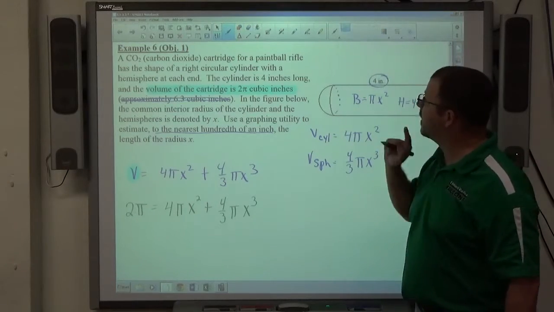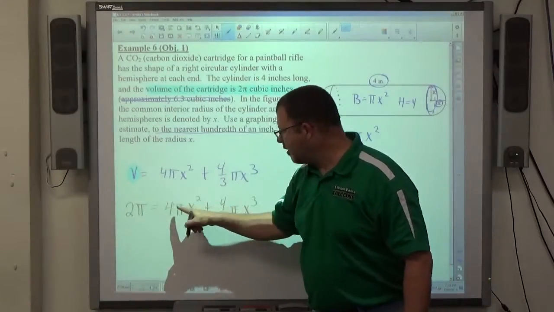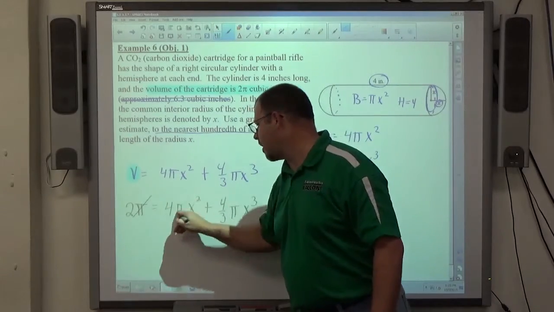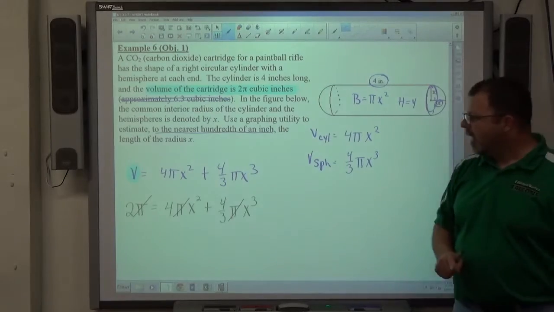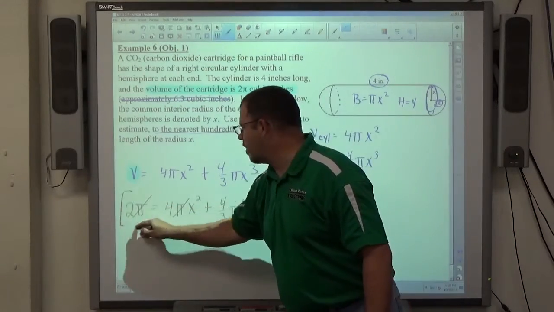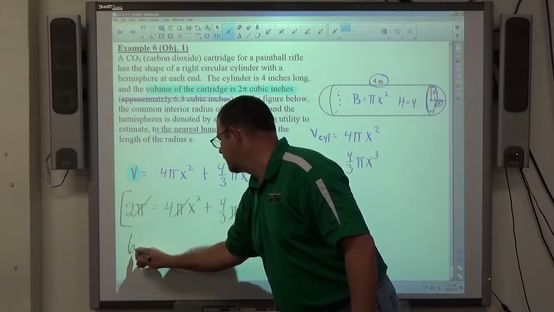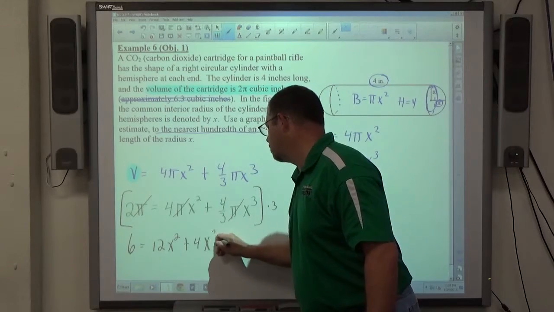Now a moment ago I said 2 pi is better than 6.3. Here's why. 2 pi, 4 pi, 4/3 pi. Everything has pi, so we can divide everything by pi and all the pi's go away. Makes for an easier looking problem. Also, 4/3 is a fraction. I can multiply the entire equation by 3 if I feel like it to get rid of that fraction, so that gives me 6 equals 12x squared plus 4x cubed.